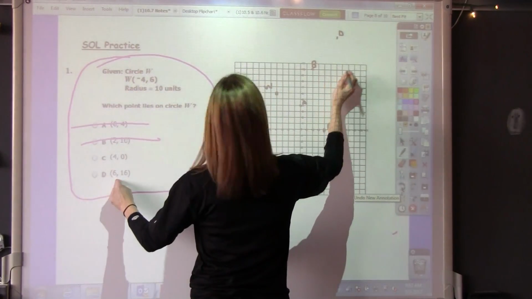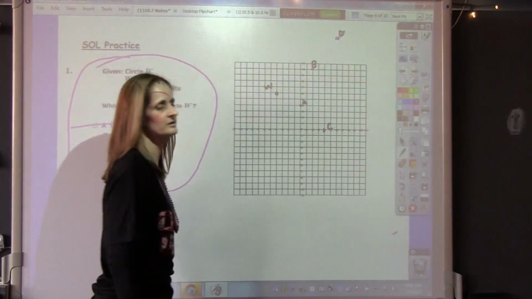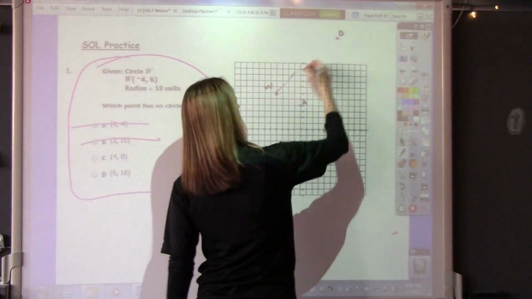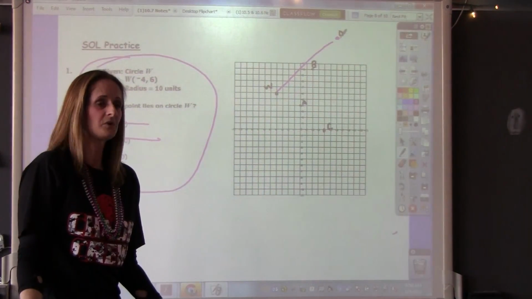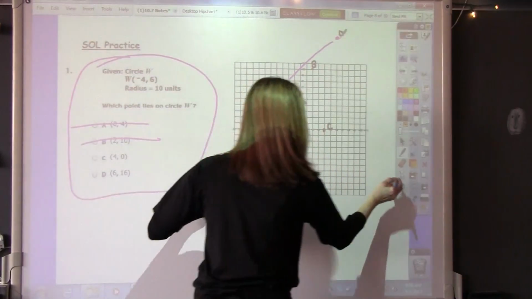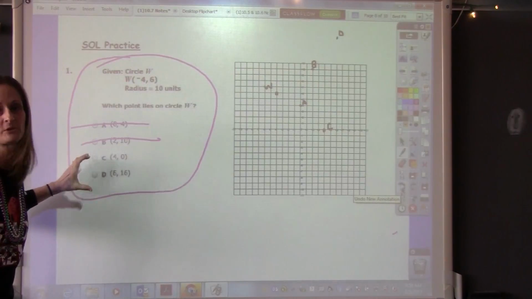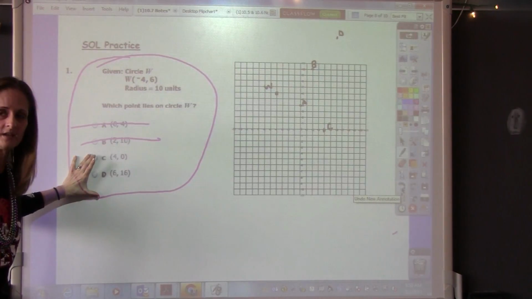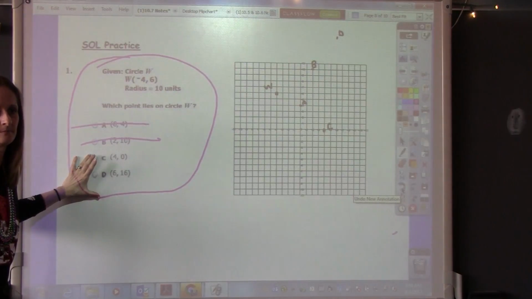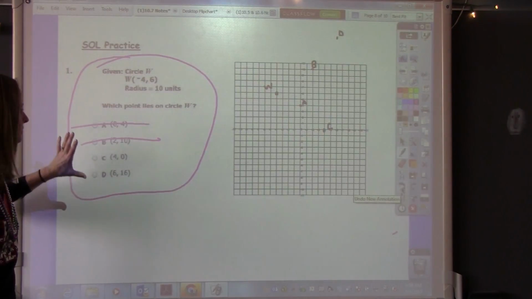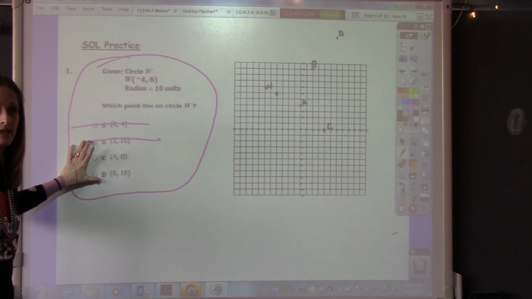What about D, 6, 16? I know it's off the grid, but could that be 10? Too far. So we have two options. Now you have a 50% chance of getting this question right without even doing the problem. Do that on 10 problems, you probably get half of them right. That could be the difference between passing and failing.